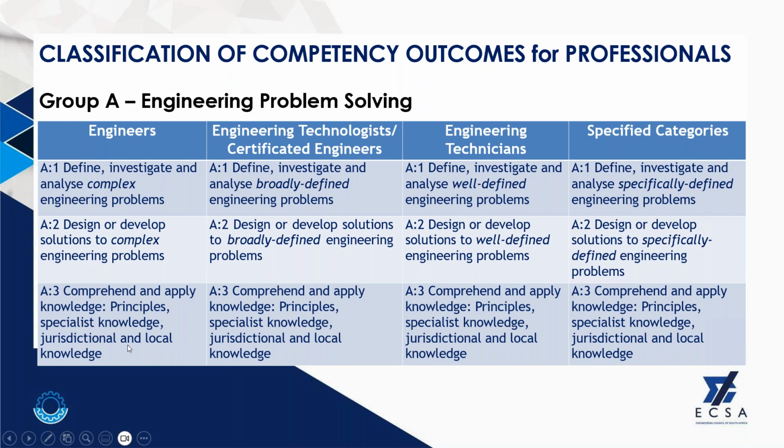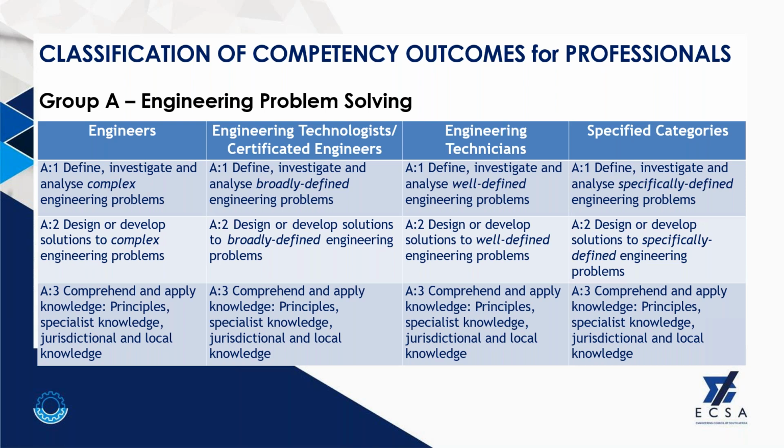So you differ from the rest of the categories just because of the word complex. If you are able to demonstrate to ECSA that you have defined, investigated, and analyzed an engineering problem which is complex, you will be able to demonstrate competency on outcome number 1 within that engineering report.